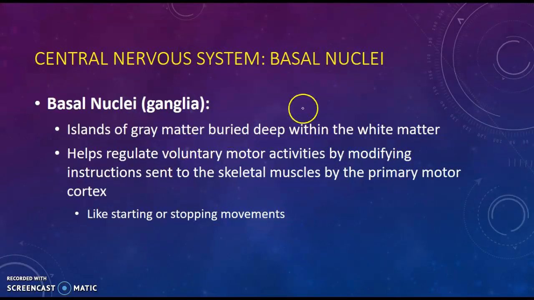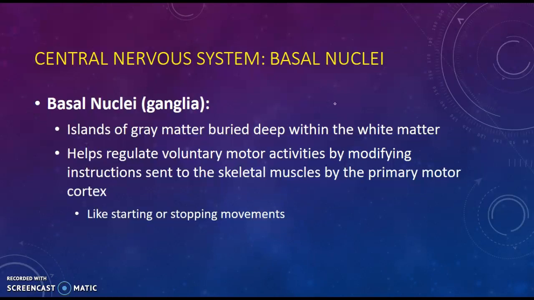Okay, last are basal nuclei, are islands of gray matter. So these are going to be basically kind of like a fine motor tuning. It's interesting to think about, but once we send information down from the motor cortex, it kind of stops here and modifies those instructions.